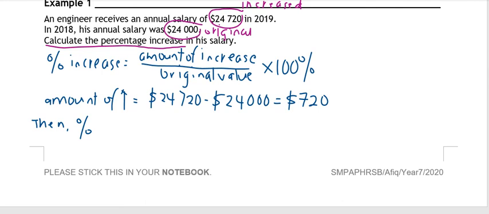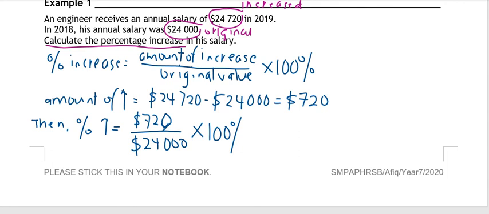Percentage increase will be $720, right? And then everything will be over $24,000, and you multiply everything by 100%. You can use a calculator to find out the value, but here this is quite simple.